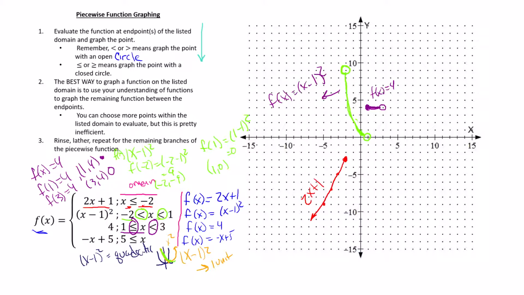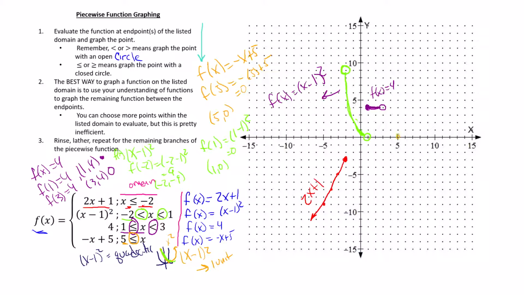And then finally the last function. We have f of x is equal to negative x plus 5. Evaluating it at the endpoint of 5, f of 5 would be negative 5 plus 5, or 0. So 5, 0 is the point, and it can equal 5, 0 because we have a less than or equal to.